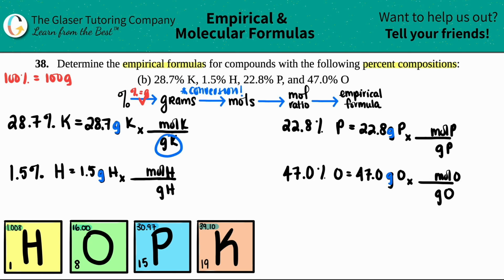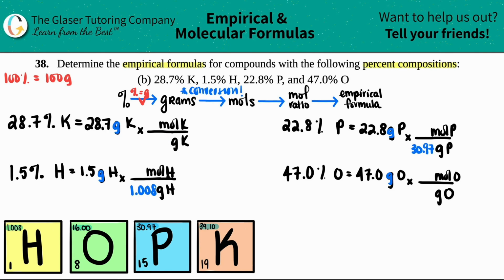So, for example, grams of potassium, 30.97. I'm just going to write that down. Grams of hydrogen, 1.008. Grams of phosphorus, 30.97. Did anybody catch that mistake? Say, Christina, what are you doing?